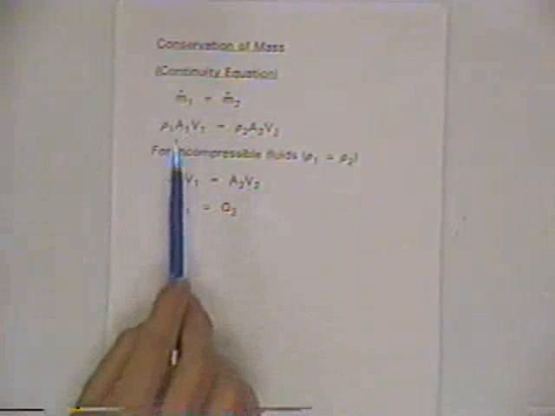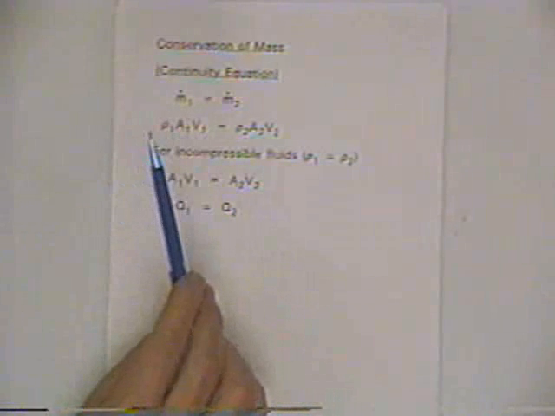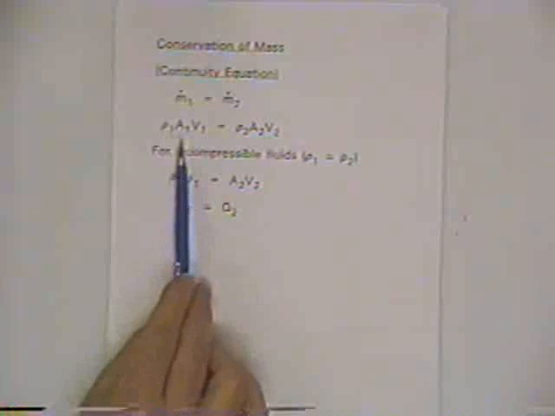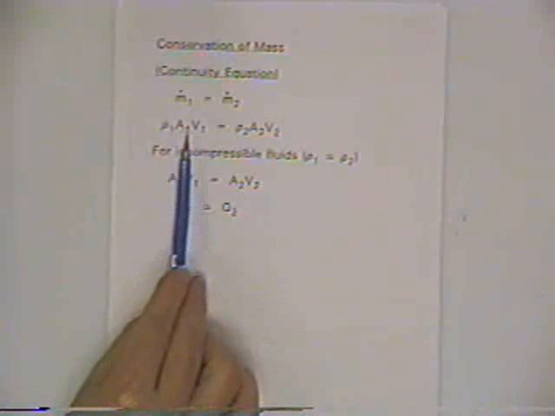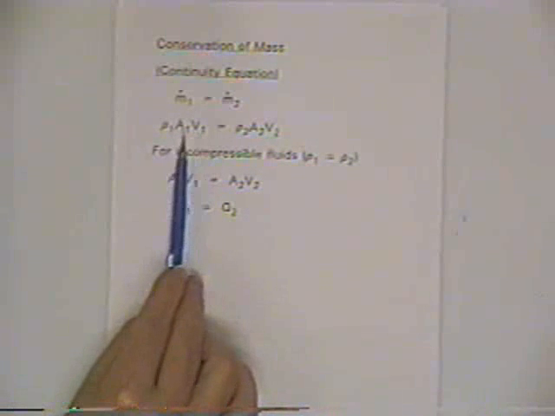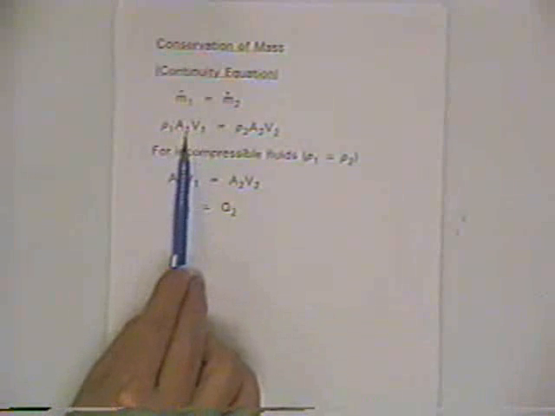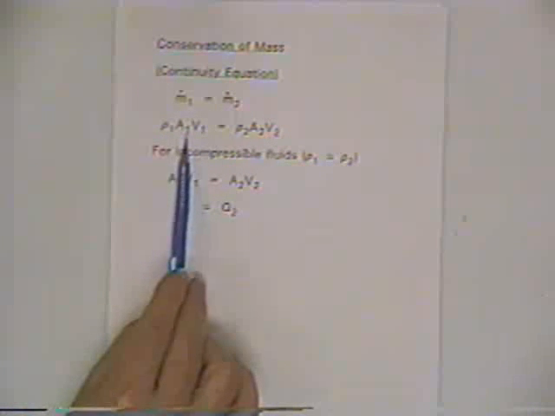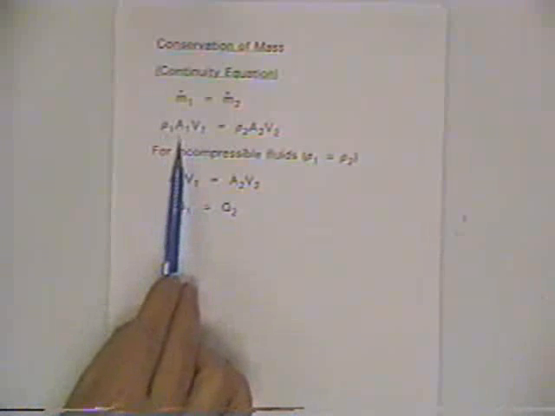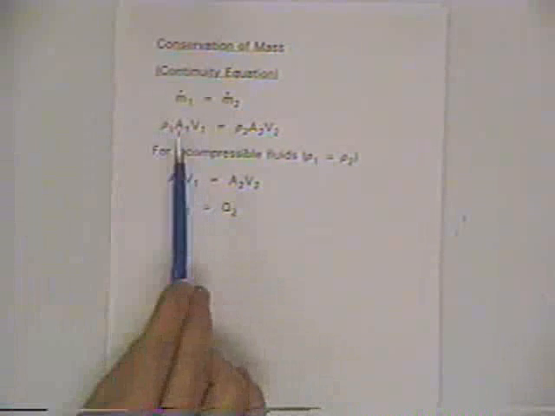We can write the mass flow rate as volume times a density. And the volume we can write as a cross-sectional area of flow times a mean velocity flowing through that cross-sectional area. That's a representation of volume, and then we multiply that volumetric flow rate, volume per time, times mass per volume, and that gives us a mass per time.